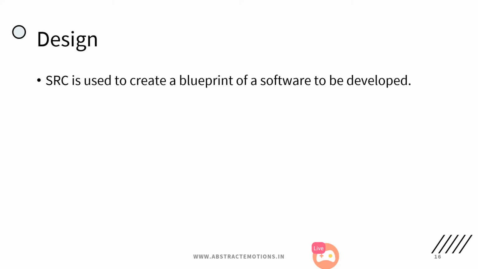After the SRS has been completed, they create the blueprint of the software. For instance, for Amazon, they would have created an interface where the things would be shown on the laptop, the categorization of the things, and a search engine, all designed in some language. Here it's a design language.